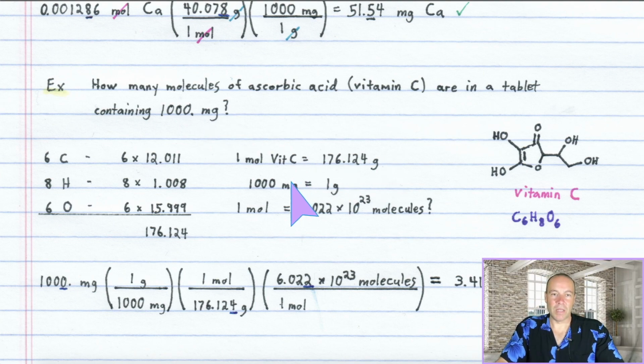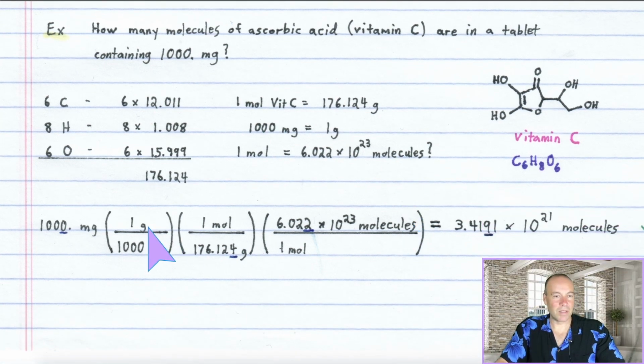Now, we also need the milligram conversion again, so a milligram, 1,000 of them equals a gram. And then we're getting to molecules, so we need Avogadro's conversion again. 1 mole is Avogadro's number of molecules. Now, starting with the number of milligrams, we use this one to get to grams, use the molar mass to get from grams to moles, and then Avogadro's conversion to get from moles to molecules.